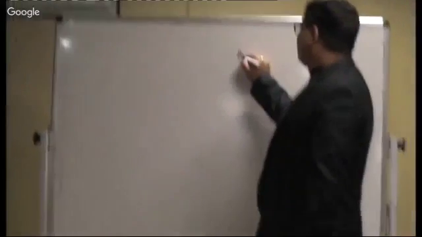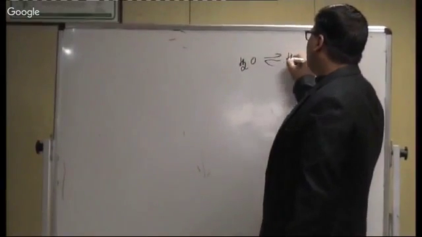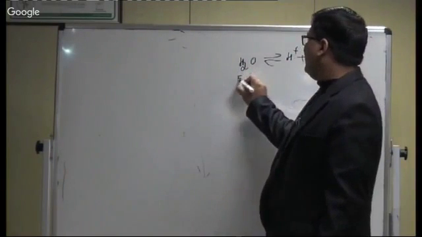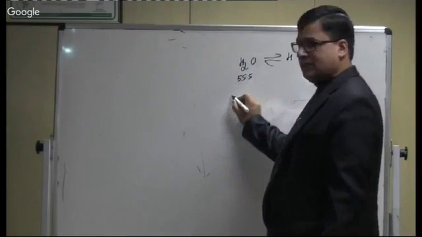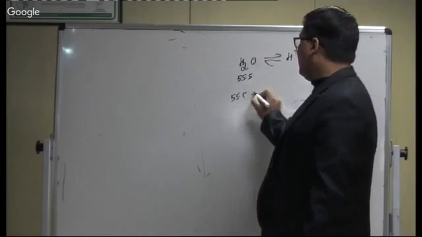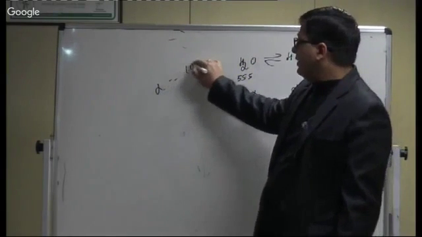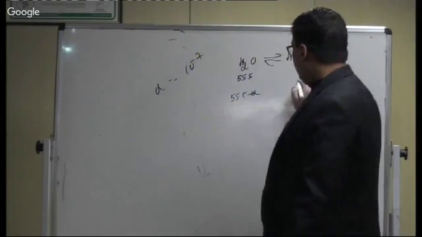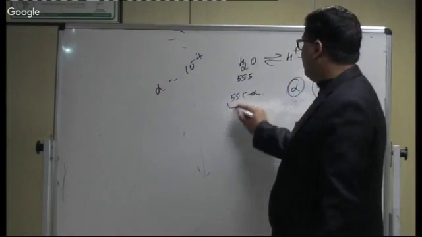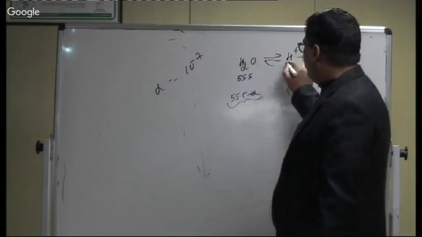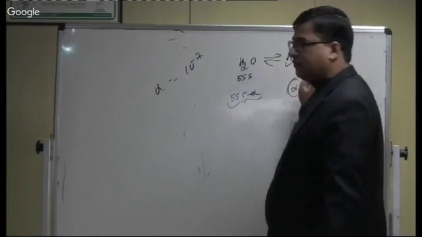I'm saying that H2O dissociates to give H plus and OH minus. 1 liter means 55.5 moles, so 55.5 minus alpha. We know that the value of alpha is 10 to the minus 7, so put 10 to the minus 7, 10 to the minus 7. Generally, we neglect this value, right? But in the Kw, you write H plus into OH minus, without dividing by water.